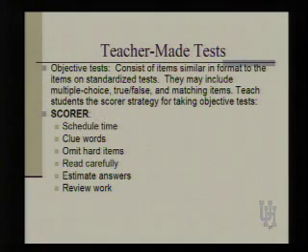One of the strategies that your book recommends for improving the performance of low-achieving students on objective tests is helping them, this is called the SCORER acronym, help them to schedule their time, to pick out clue words, to omit hard items and leave them till the last, to read very carefully each item.